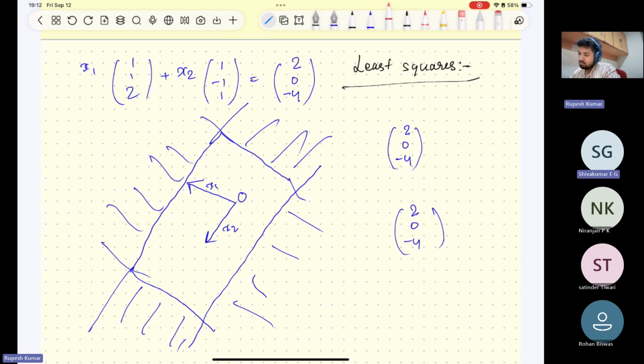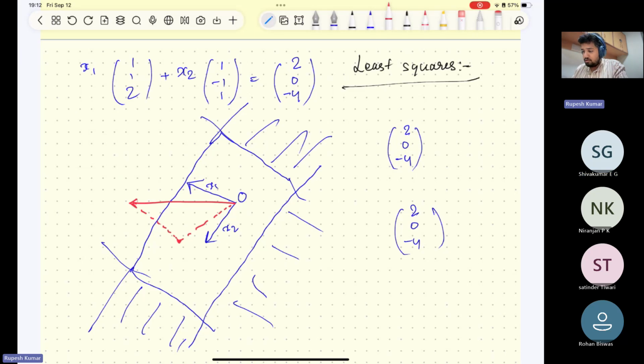So now you will see that this 2, 0, minus 4 will be a vector that is not in this plane, so let me delete some lines from here. This is our third vector, 2, 0, minus 4.